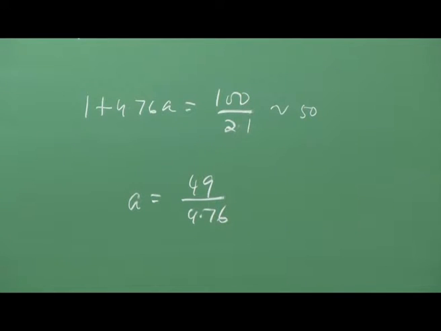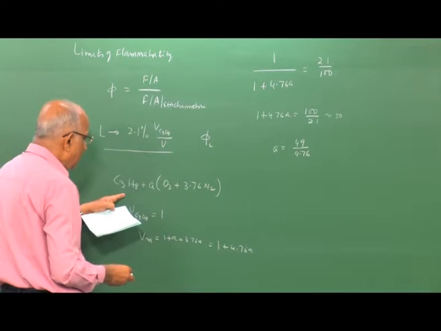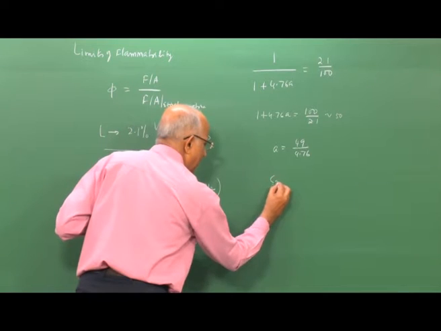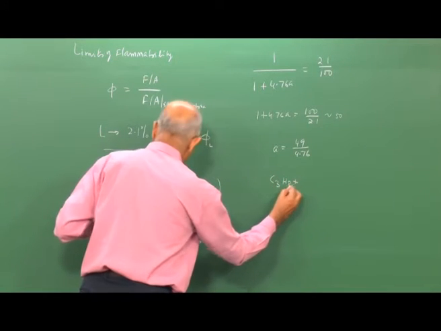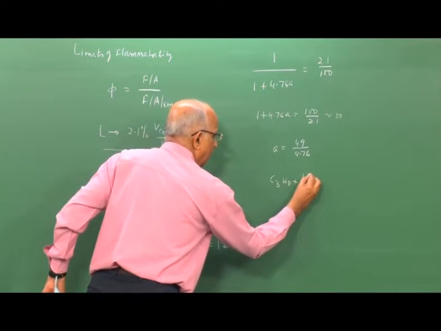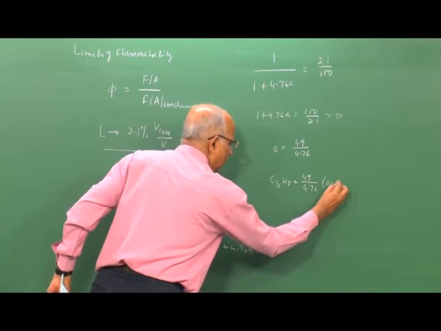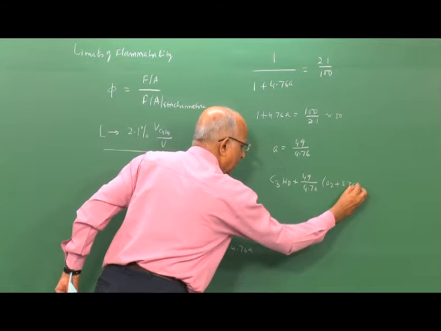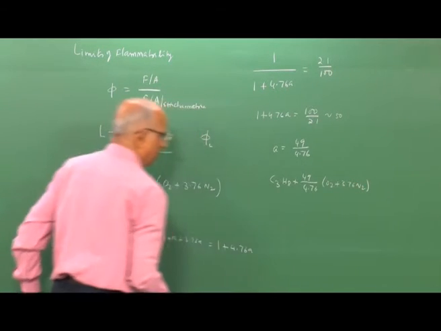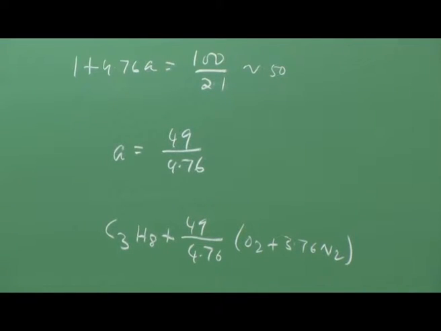Therefore, my equation at the lean limit of the mixture is C3H8 plus 49 by 4.76 of oxygen, associated with the nitrogen which comes with it. This is my equation, at the lean limit.